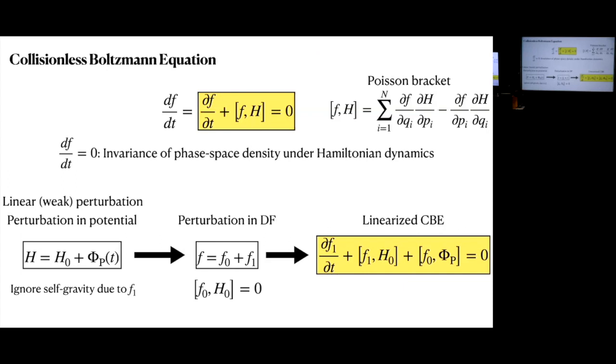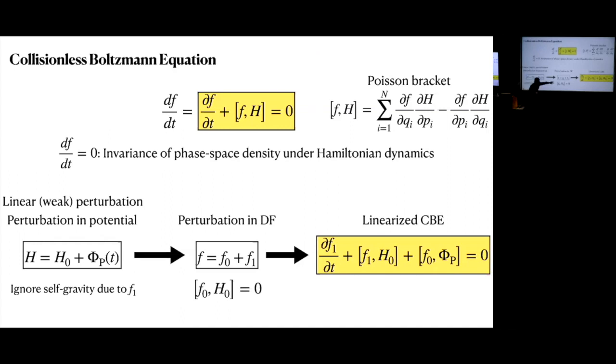Now what we do is introduce an external perturbation, phi p, which is time dependent in the general case. So your Hamiltonian can be written as the unperturbed Hamiltonian plus the perturbation term. We are ignoring the self-gravity due to the perturbation in the distribution function itself, just to keep things simple. If we assume that this perturbation is weak, then we can do linear perturbation theory, and the distribution function can be written as the sum of the unperturbed part plus the perturbation term, F1.